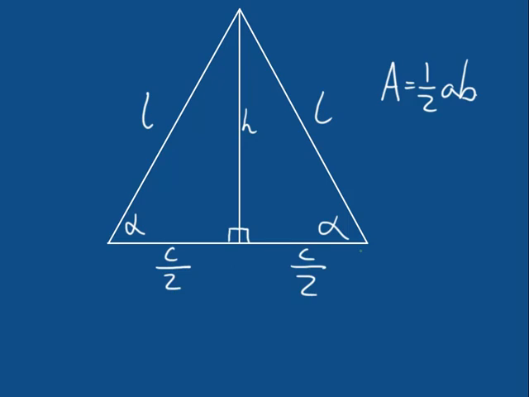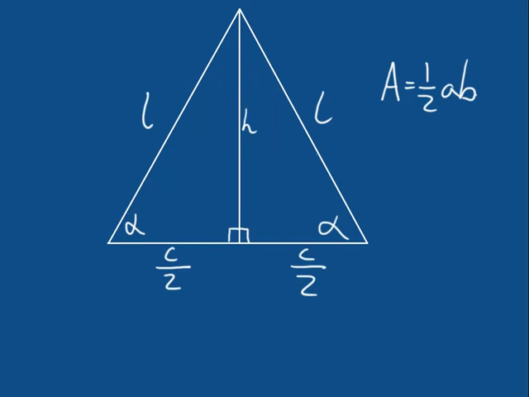And if we know the length of c, we know the length of the base of the isosceles triangle, we can easily calculate this value. So we've got part of the information we need to calculate the area, but we don't yet have our height.